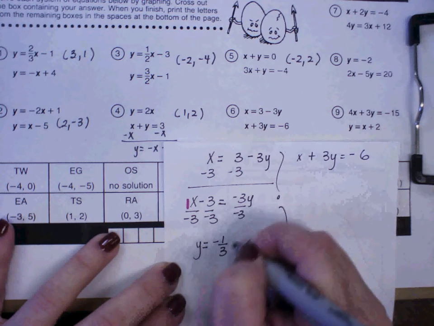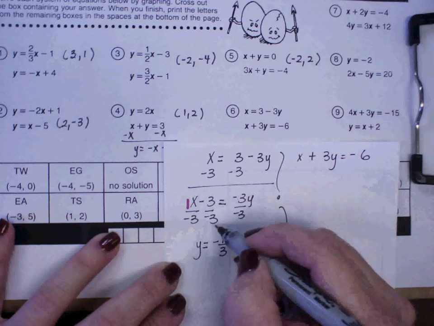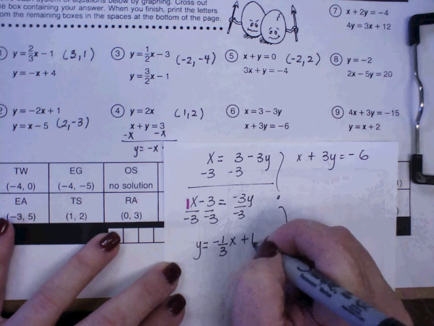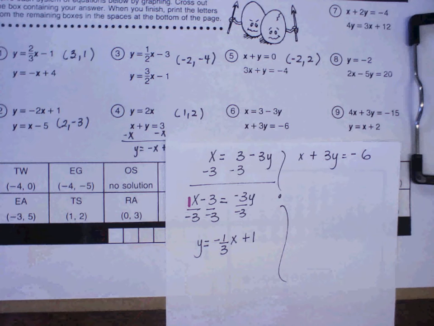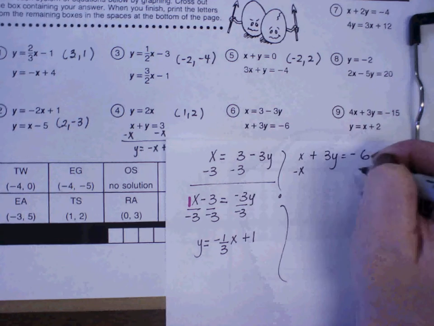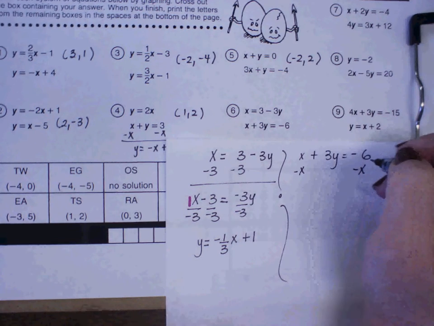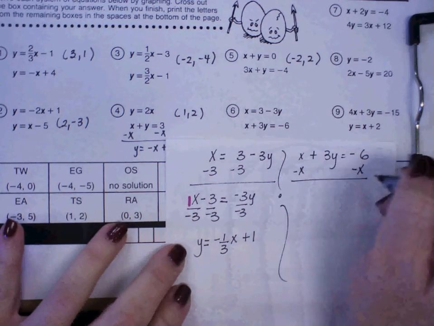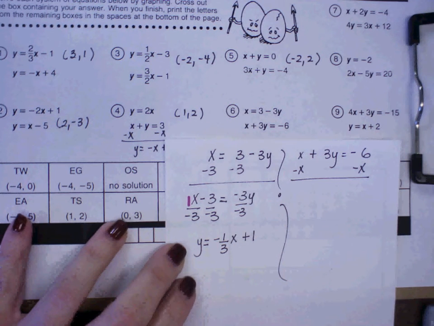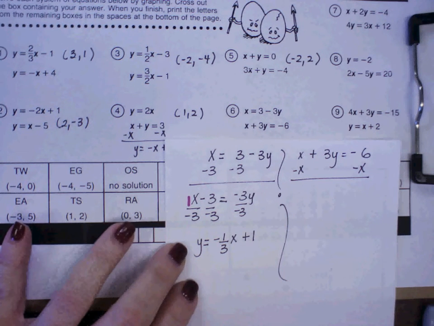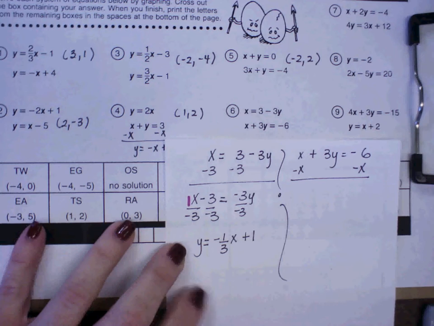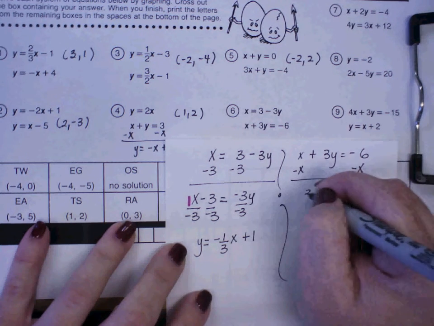All right, so what's my next step on the next one? Minus x. See, Miss Marine keeps it very real. Didn't I say that we were going to solve for y and then solve for y and then solve for y some more? This is all we do in Algebra 1. We solve for y. And this is 3y equals negative x minus 6. I got an invisible 1 because that's going to become a fraction in a second.